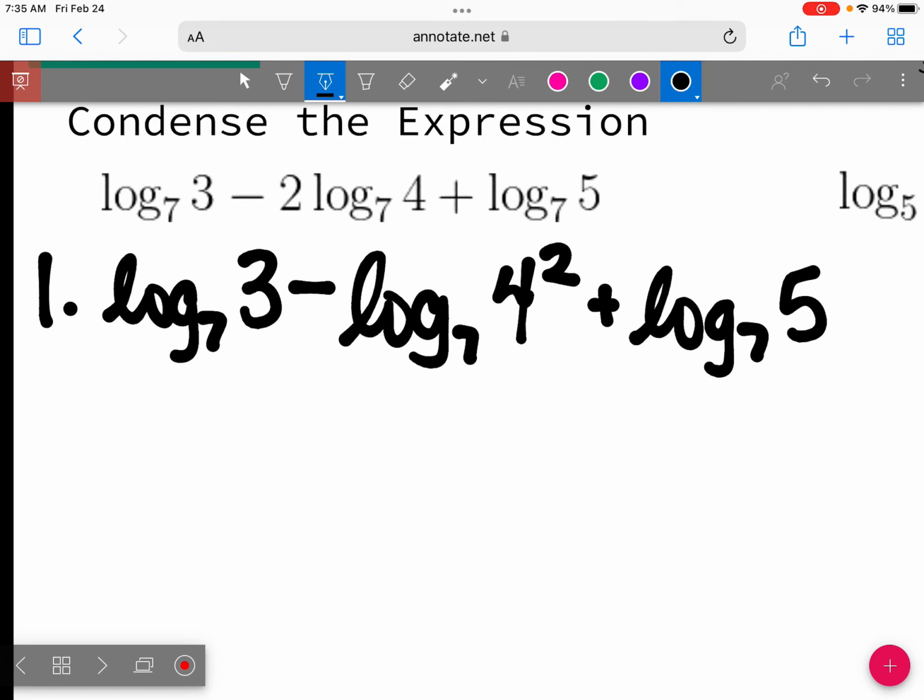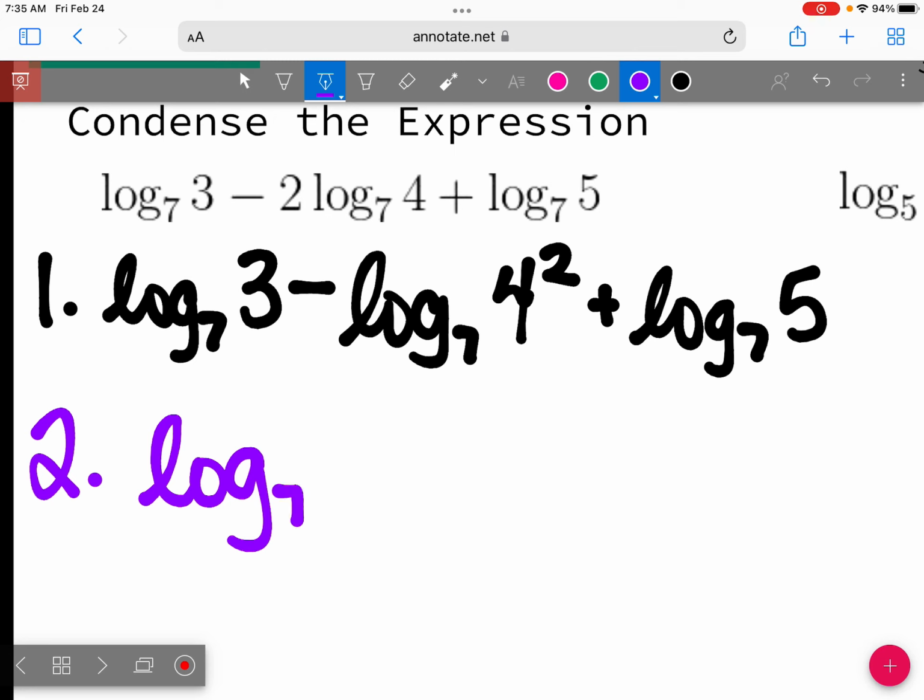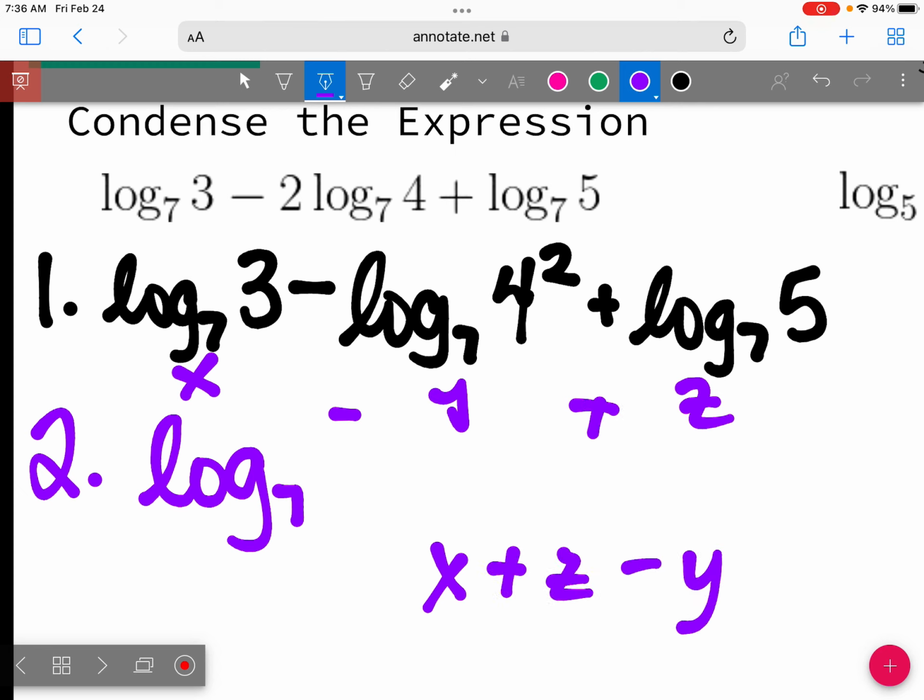All right. Step 2. Addition becomes multiplication. So what is being added? So check again. So these 2 are being added together, yes. But remember, just like if I had x, y, and z here, I could move this as x plus z minus y. So what actually is being added together right now?